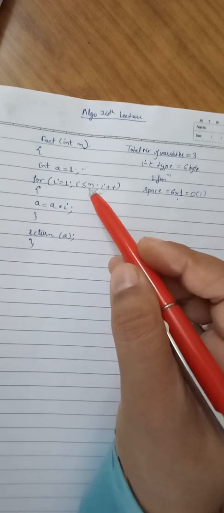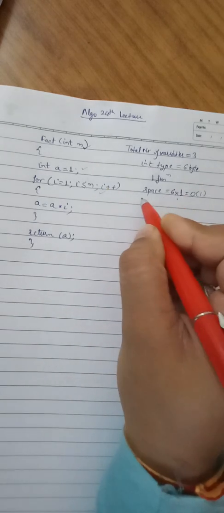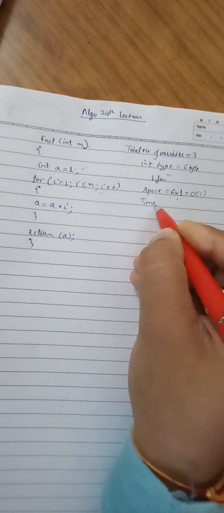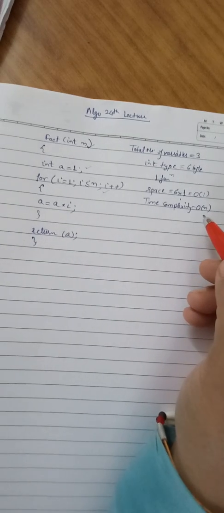But if we talk about the time complexity, that is, how much time it will take, here a for loop is there and it will run up to n times, so the time complexity will be order of n.